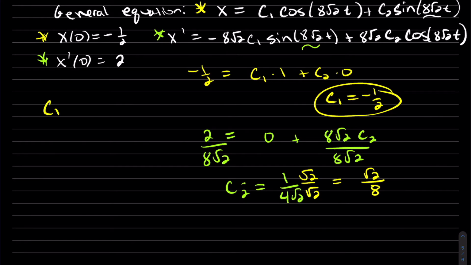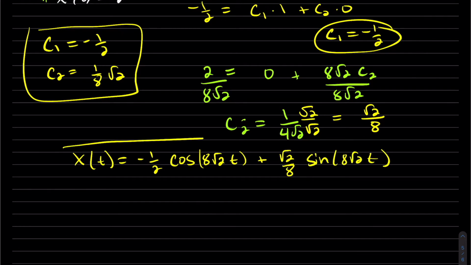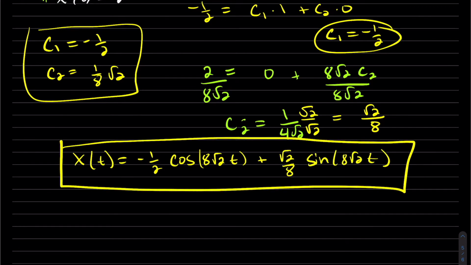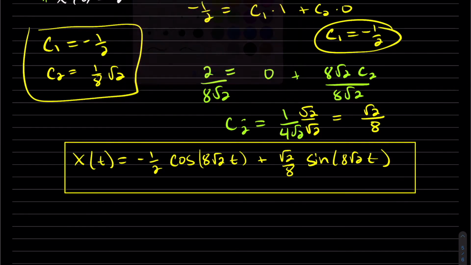So C1 equals -1/2, C2 equals. So x of t, our particular solution, is our solution. So again, this equation pretty much describes the motion.